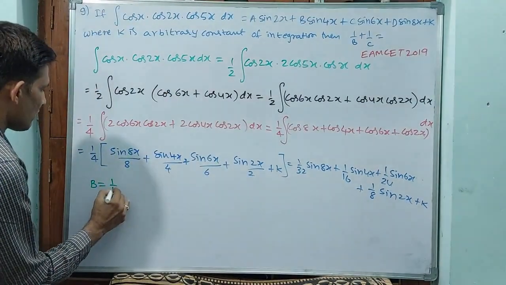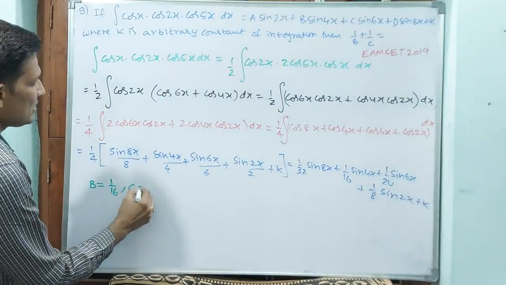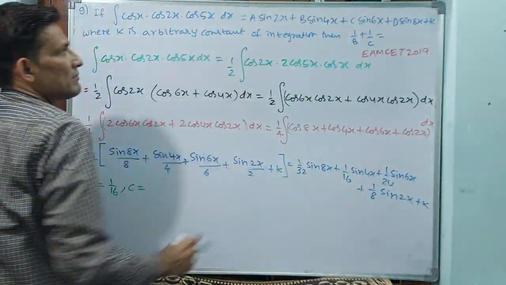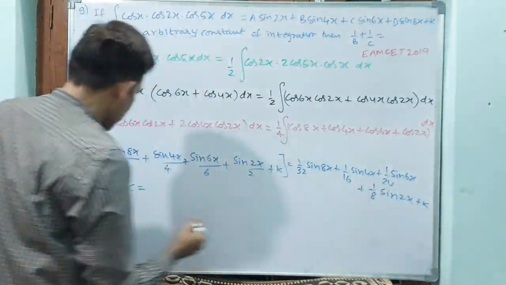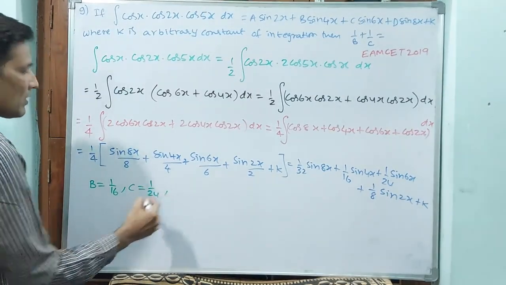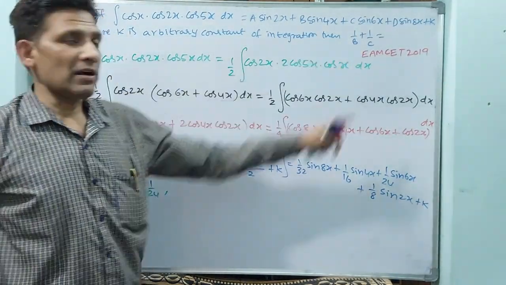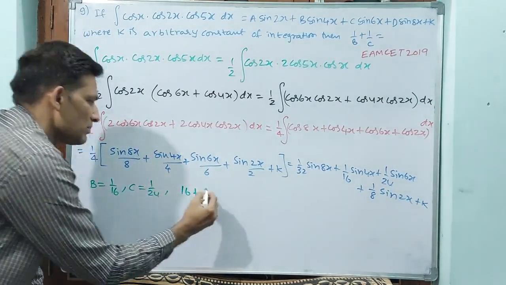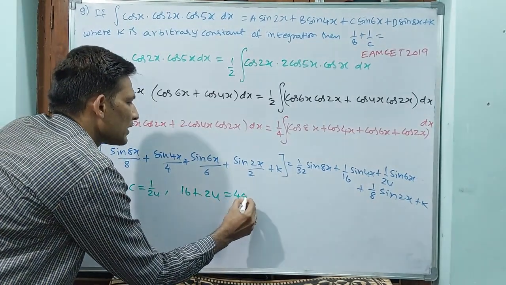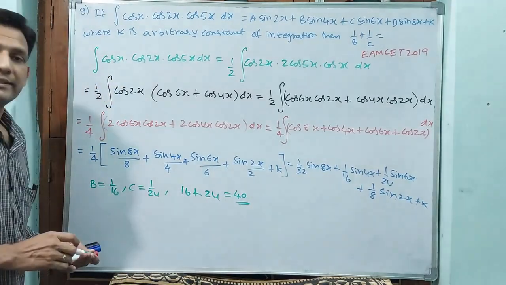C is sin 6x coefficient, 1 by 24. What you require? 1 by B plus 1 by C. 1 by B means it is going to become 16 plus 1 by C means it is going to become 24. That is equal to 40. This is the answer. Okay.